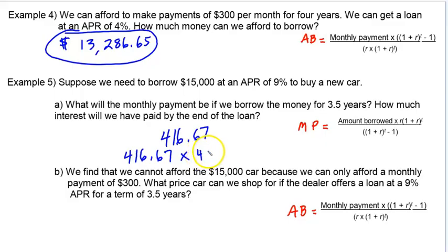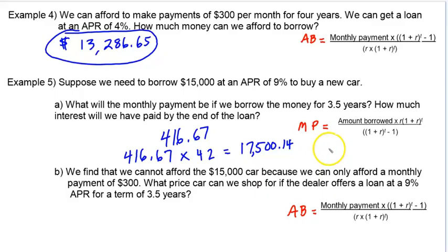And then to get how much interest we will have paid, we take the $416.67 and we multiply by the number of months that we'll be making that payment. And we'll get, let's see, $416.67 times 42. That's $17,500.14. We borrowed $15,000.